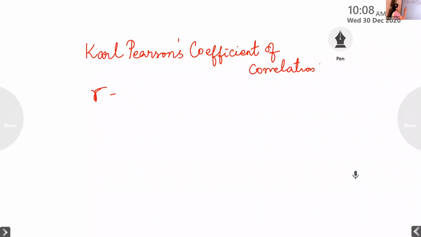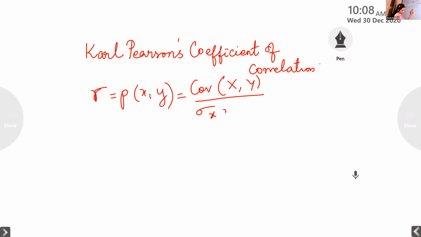Sometimes we call it small gamma, which is the same as rho of x comma y, equal to covariance of x comma y by sigma x into sigma y.